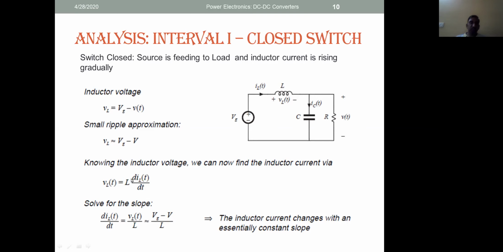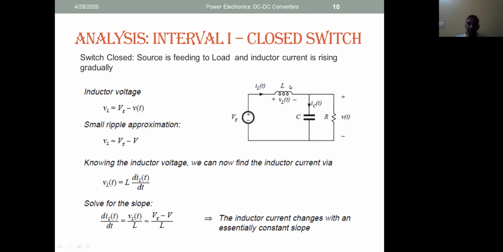As I know, the inductor voltage vL of t at a given point of time is defined as, or is equated to, L di by dt. This is the standard formula for voltage across the inductor. If I want to find out the slope of this, then it can be di L by dt.